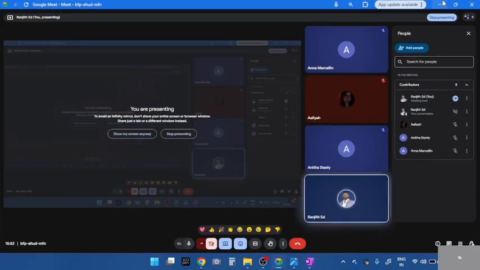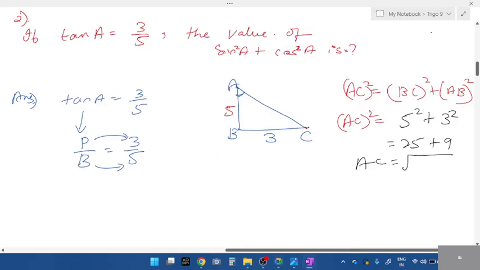Yes, respond, Alia, Anna. Why are you taking so long, Alia, to answer? Got the wrong value, a different answer? Or are you still struggling to find the hypotenuse? Don't know Pythagoras theorem. Okay.